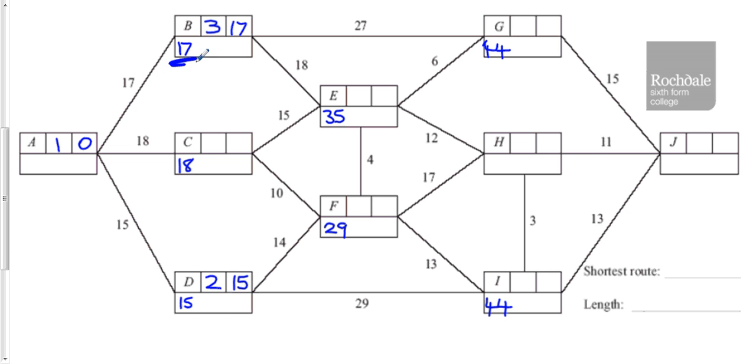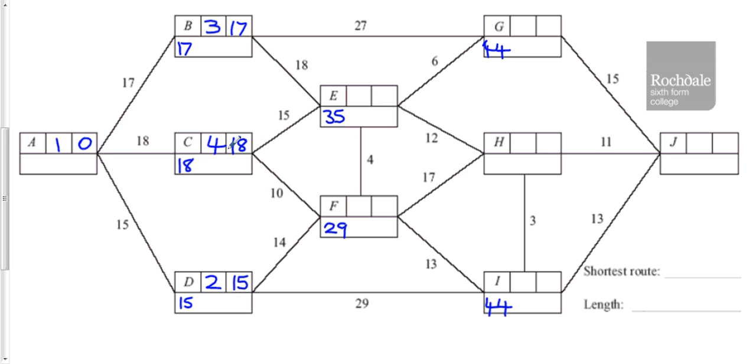So I'm not looking at 17 anymore, I'm not looking at 15 anymore, because D and B have been labelled. I am looking at 18, 35, 29, 44, and 44. Clearly the smallest is 18, so C gets a final value of 18, and if B was the third, C will be the fourth to be labelled.